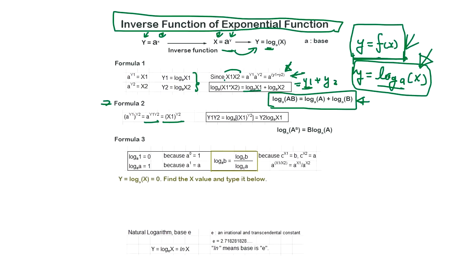So when you multiply y1 and y2, this is log a of x1 to the y2, which is this. Do you get this one? This part, bring it here, right?